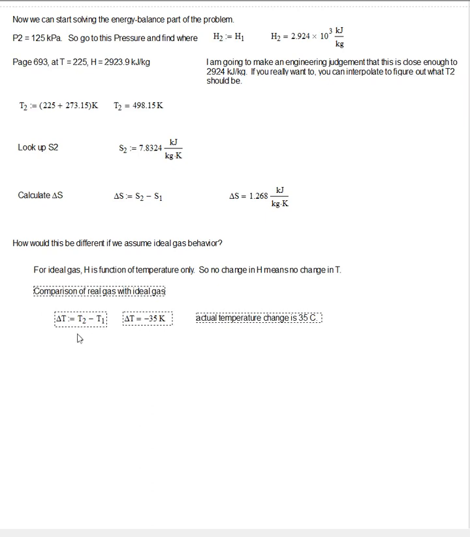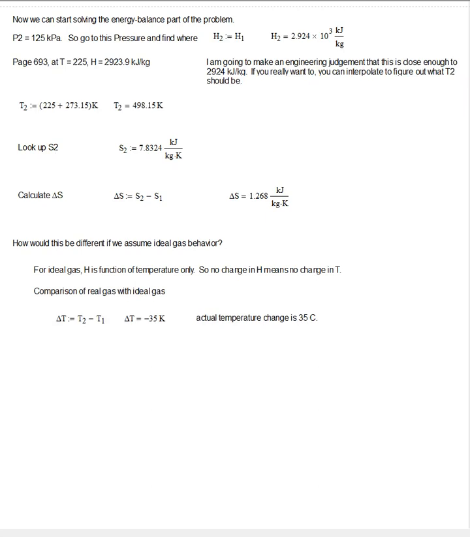But for the real case, we have a different outlet temperature, 498 Kelvin, a 35 degrees C difference. So for temperature calculation, the ideal gas is not a good approximation.